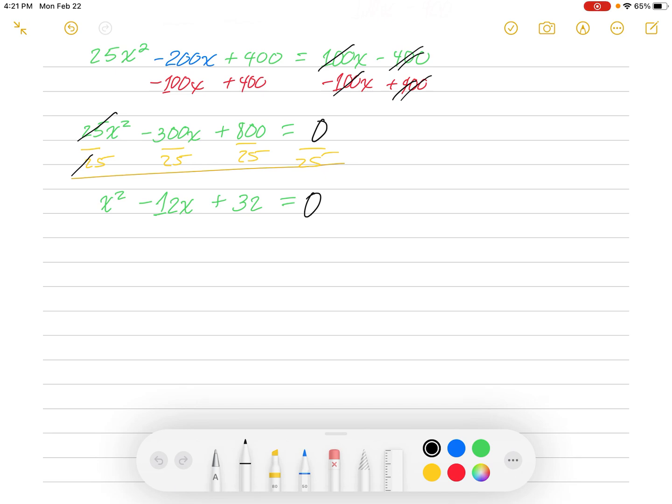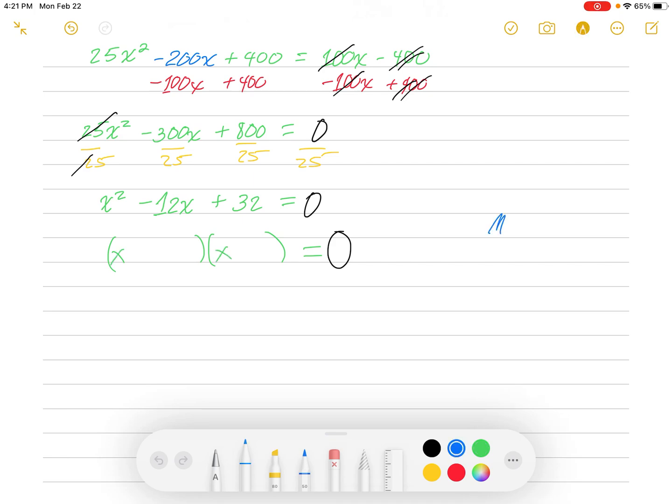So this can be completely factored. I'm going to make 2 pairs of parentheses, and all this is equal to 0. I'm going to start with x times an x to get x squared.